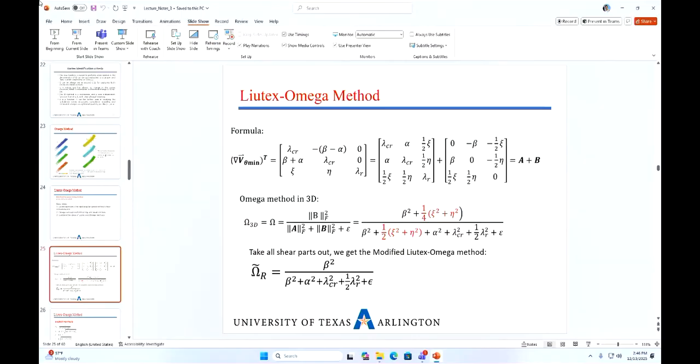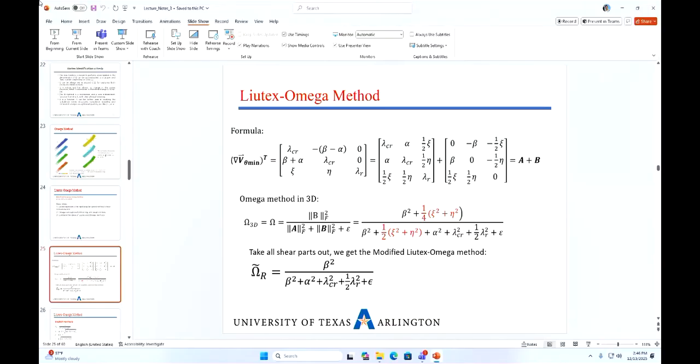But with this method, finally we get this. So this we call the mutex omega method. The beta square, beta is pretty much like a rotational part. Alpha is pretty much the shear, which we already take out. I think we take out the Xi, eta, we didn't take out the epsilon.